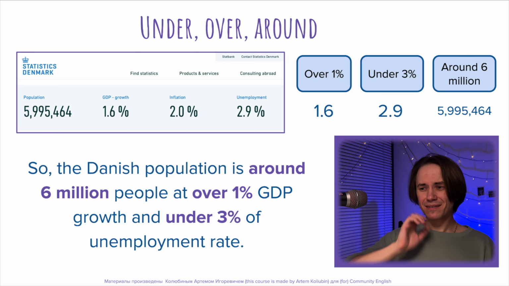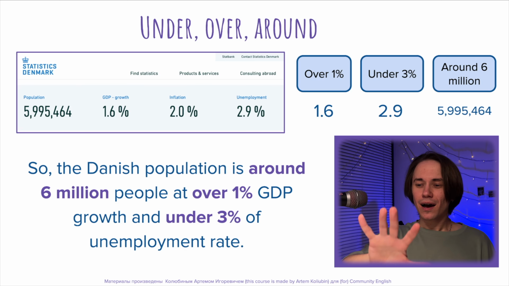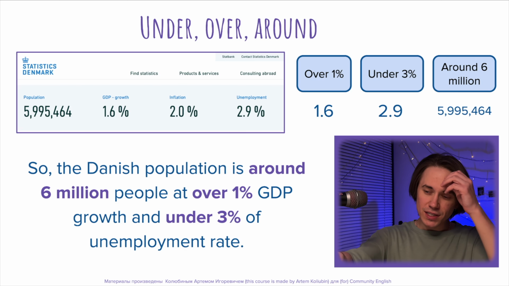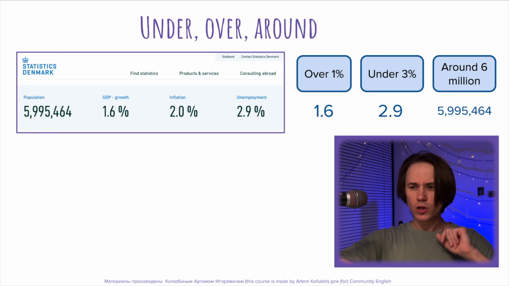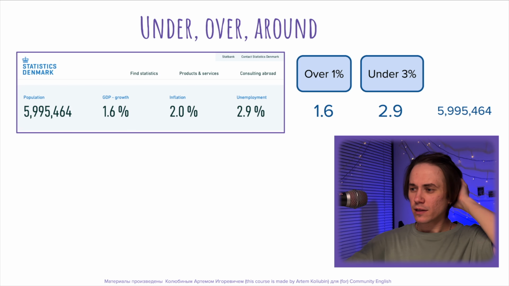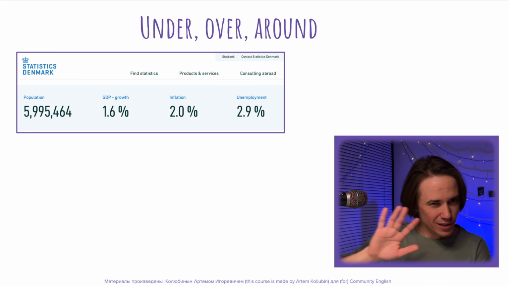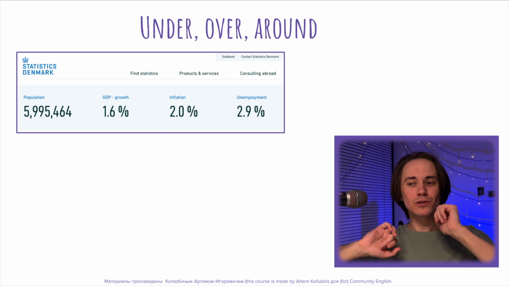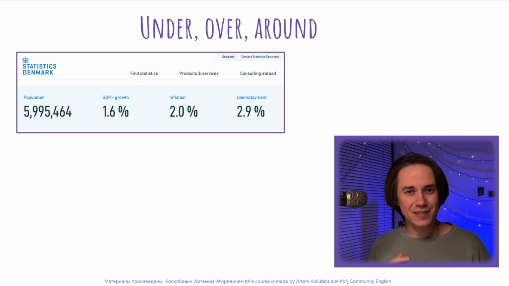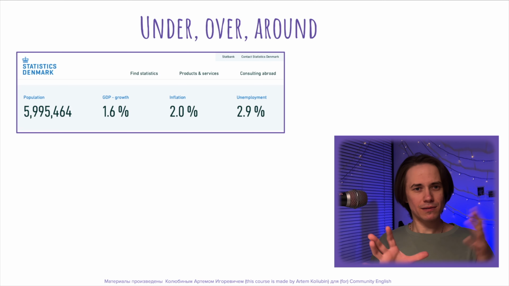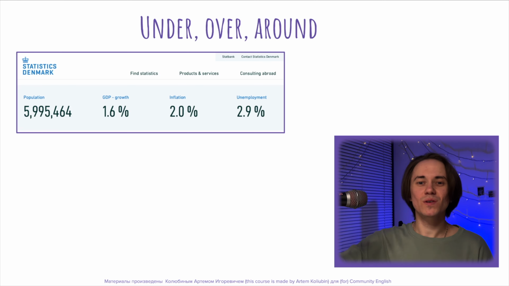So let's practice a bit, right? If you want to read this graphic, try to read it without looking at the screen, using the correct numbers, not specific but quite general numbers. So try it.